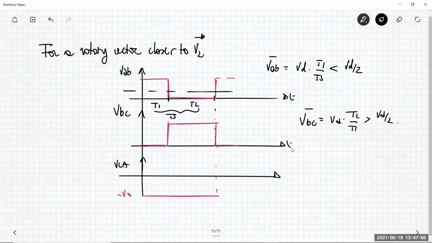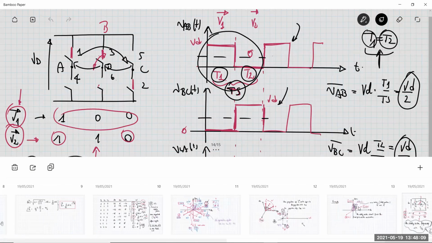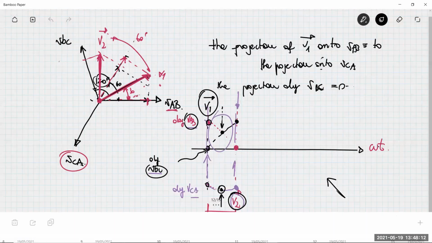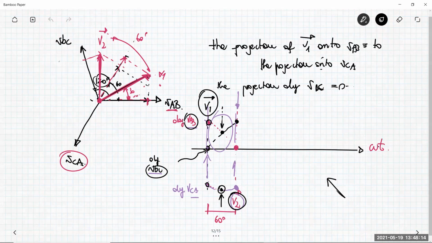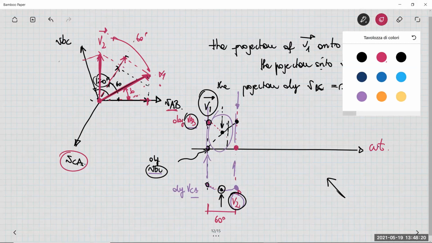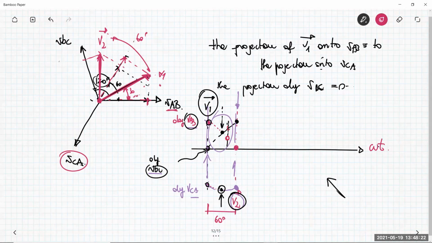Okay, so it means that the average value of voltage VAB is less than the average value of VBC. And if you look at this plot here, the red curve, VAB, has an average value which is less than that of VBC. So we are synthesizing something which is closer to the V2 vector.